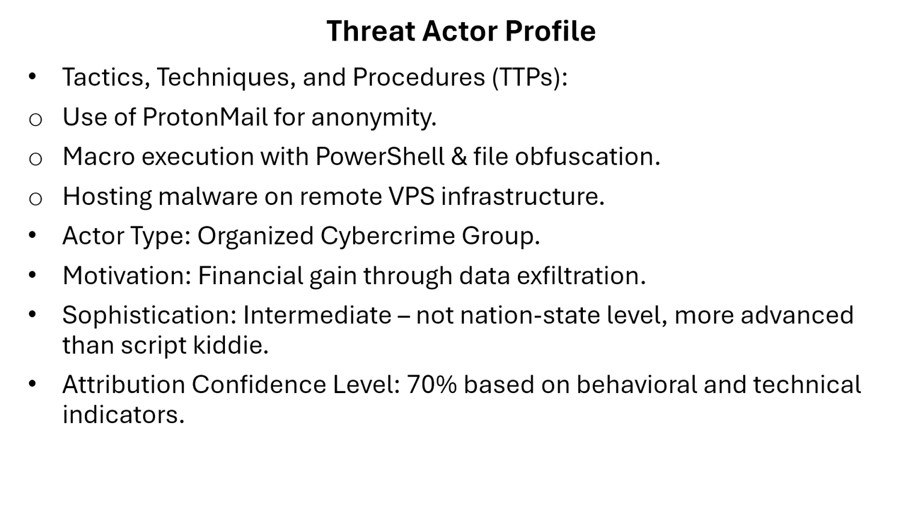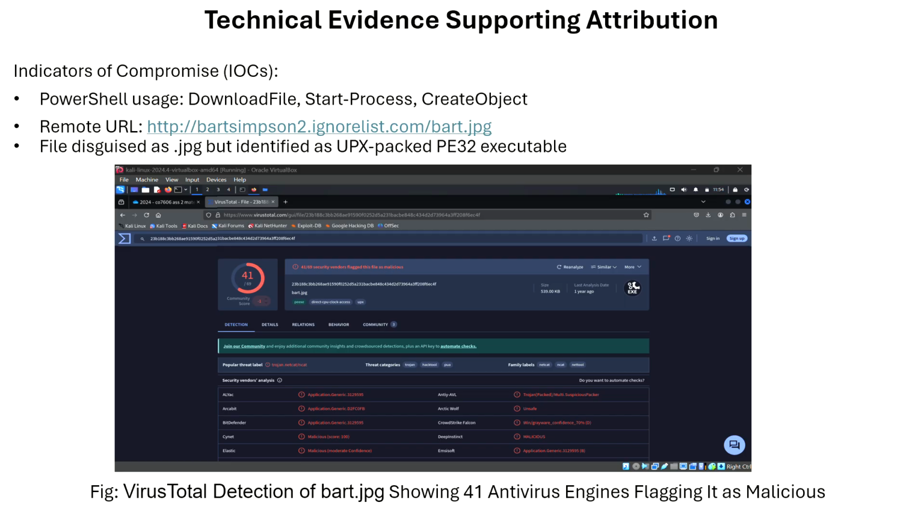Although we can't identify the exact individual or group, the tactics and infrastructure point to a known cybercriminal model. Our confidence level of 70% reflects solid technical evidence, even if conclusive identification is not possible.